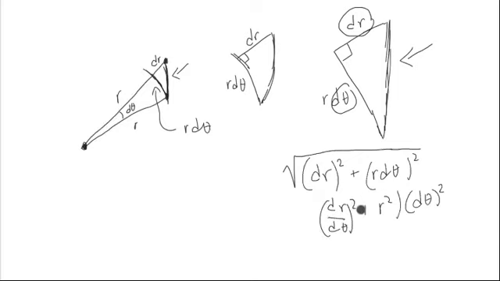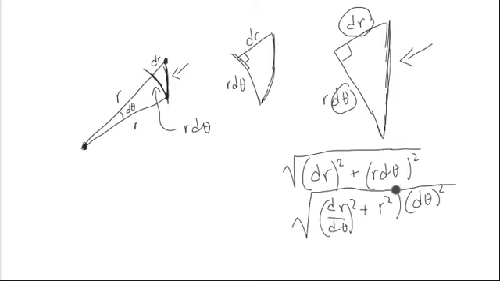Thinking of these differential lengths as being actual lengths, their ratio, how they're related in the picture, is going to be the derivative dr over d theta, because we're looking tangentially at a point where these symbols only exist right there, and their ratio is constant, and it is the derivative dr over d theta.